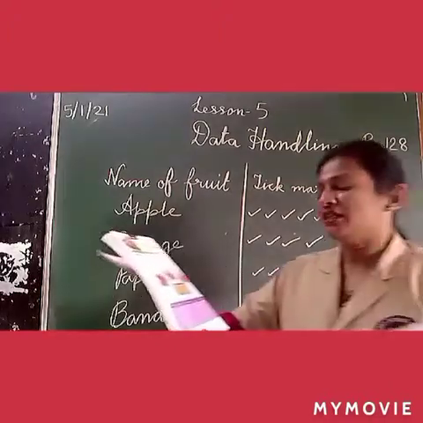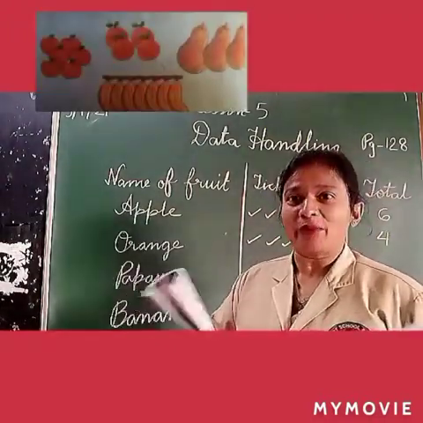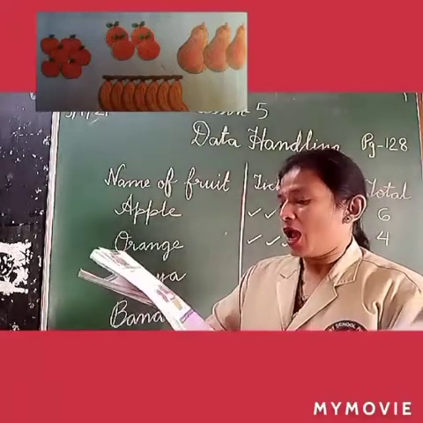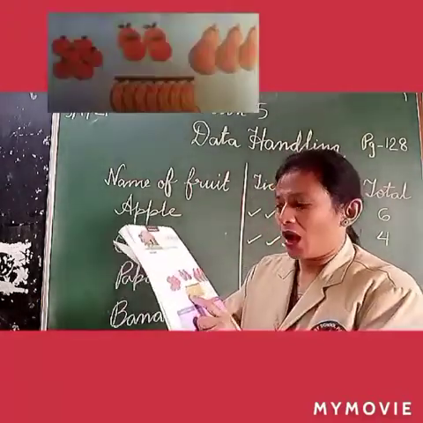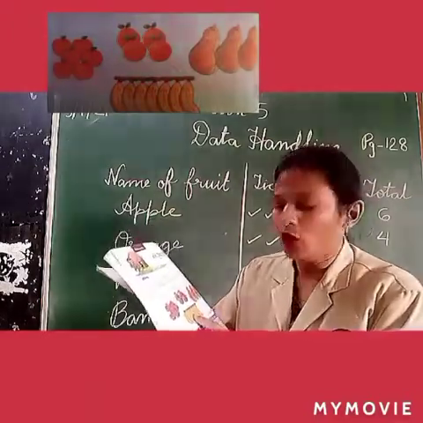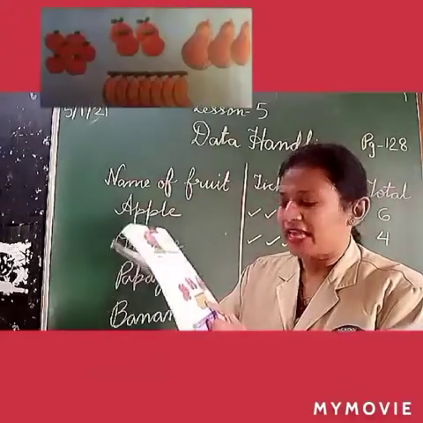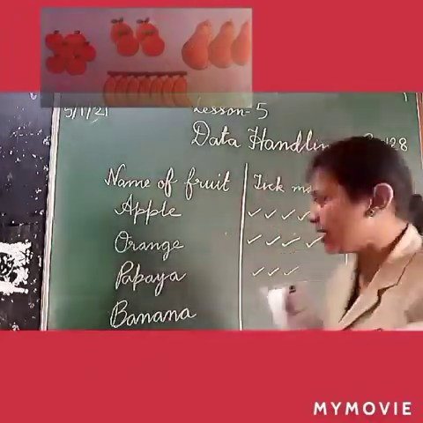Now come to the next fruit, that is banana. We all like banana, isn't it? There are many bananas. Let us count. 1, 2, 3, 4, 5, 6, 7. Yes, 7 bananas are there.